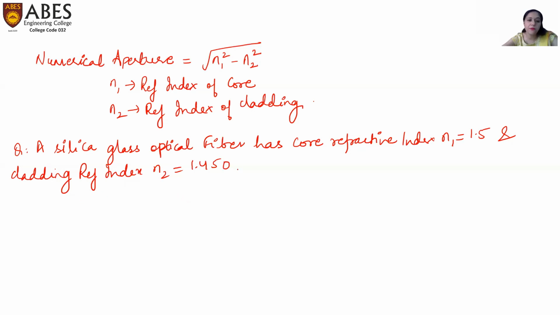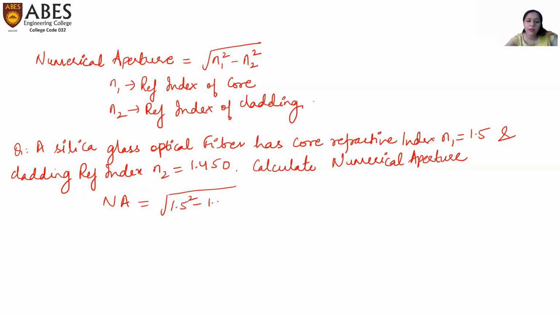Here we have to find the numerical aperture. NA, numerical aperture, will be given by under root of 1.5 square minus 1.450 square. So the numerical aperture in this case will be 0.385. There will be no unit in this case.